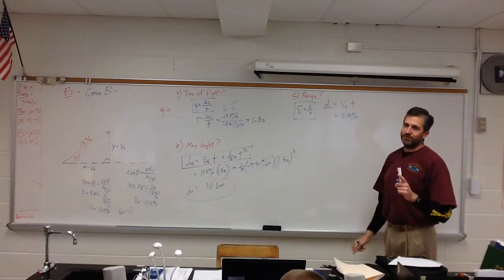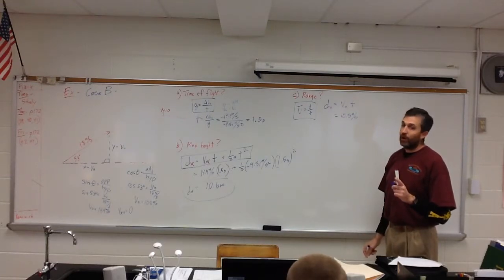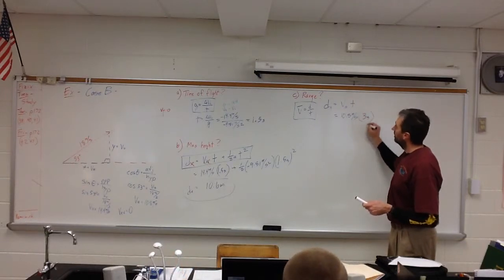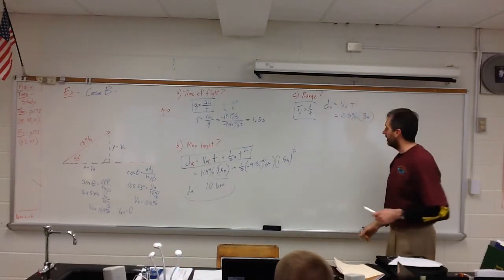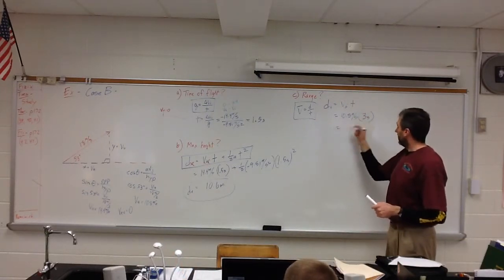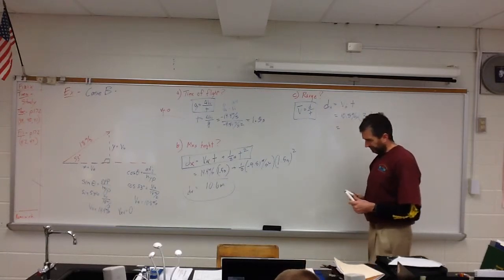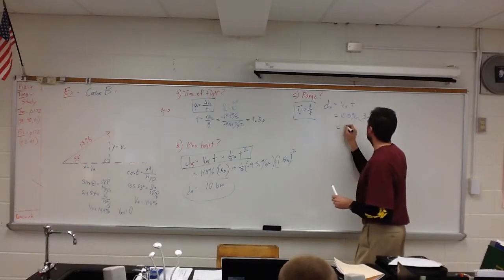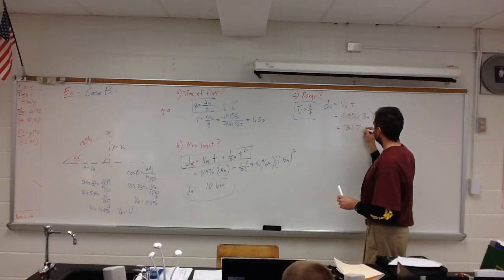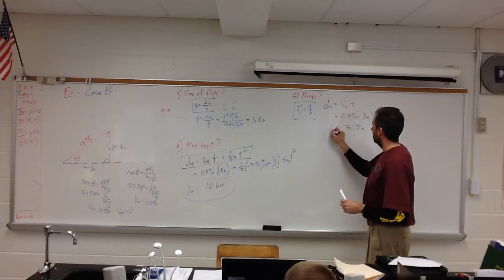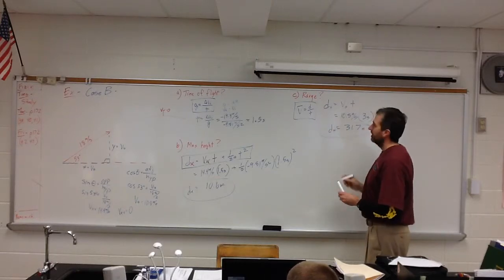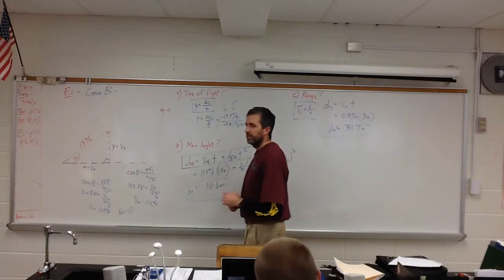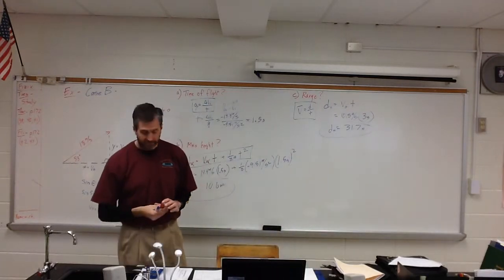Now what time do I put in? Double. Why? Because the range is the whole part from the start. I want the whole flight, how long the thing is in the air for. And 10 times 3 is about somewhere around 30, I think it comes out 31.7. And this is meters. So we have found how long it was in the air for, how high it went. Do you agree with that?